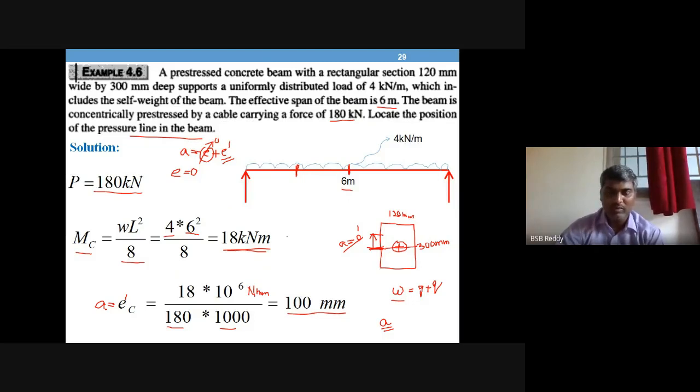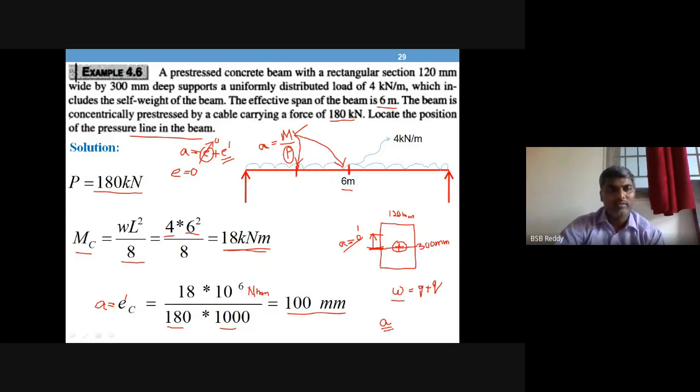So to locate the pressure line, it is very simple. Always try to work out the M by P value, the bending moment at a cross section that you have taken, maybe at center or at 1/4 distance. P is a given force, the pre-stressing force. This will give you the small a value, nothing but the lever arm, so that will locate the CG of compression, that is the pressure line, from the tendon line.